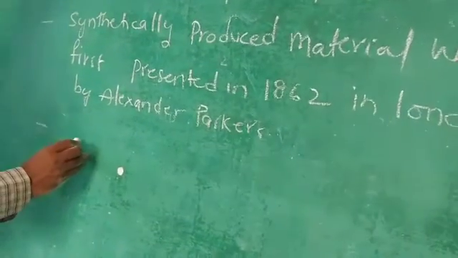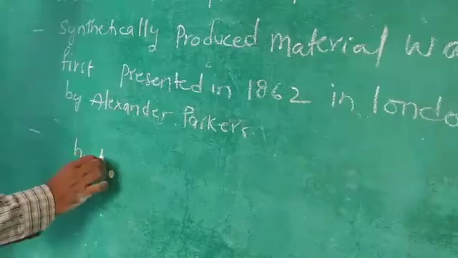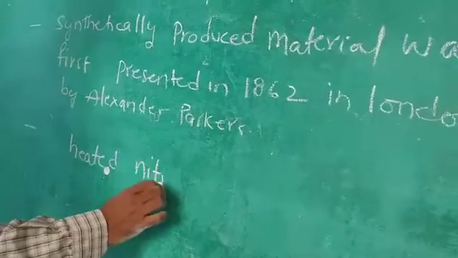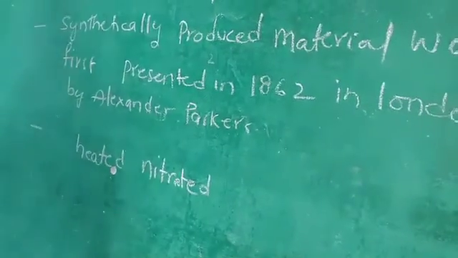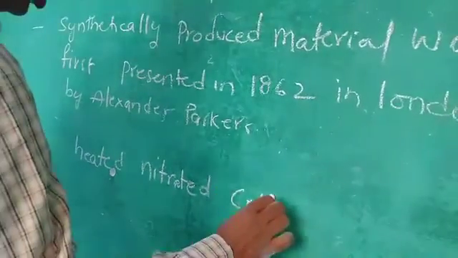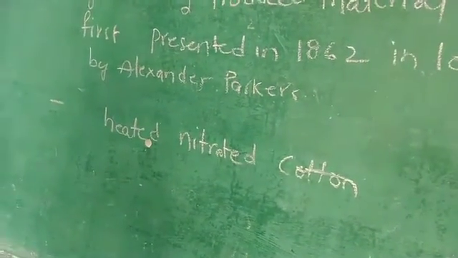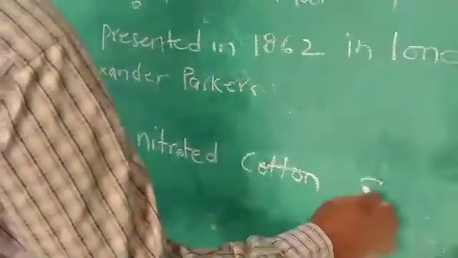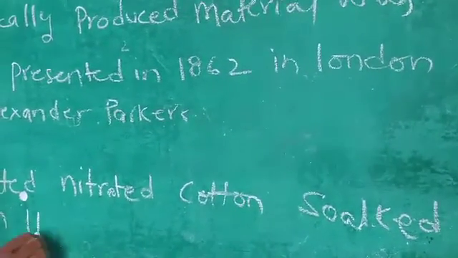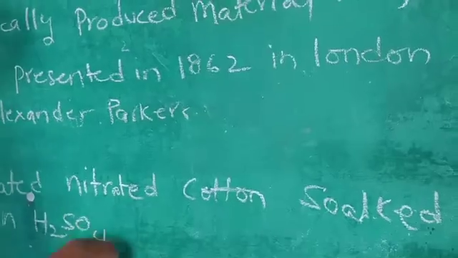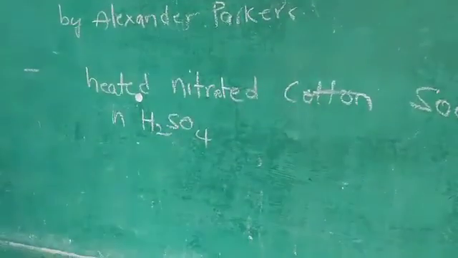To prepare this, he heated nitrated cotton, which was previously soaked in sulfuric acid. Soaked in sulfuric acid, it made the fabric soft and elastic.